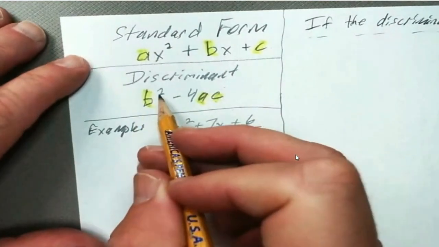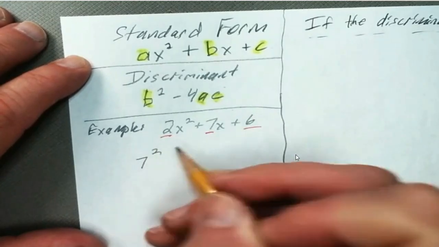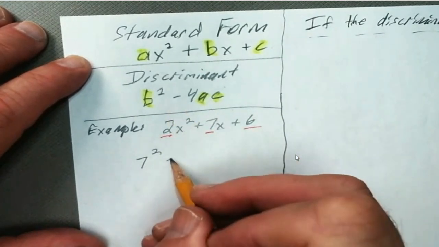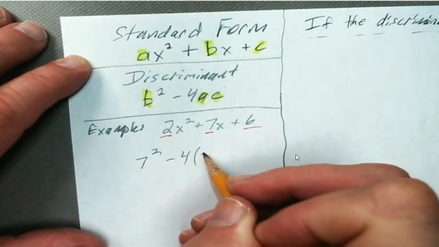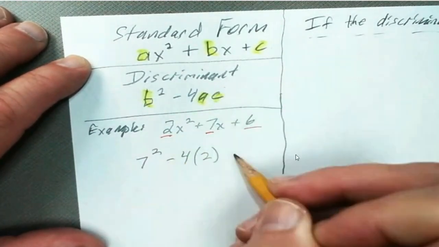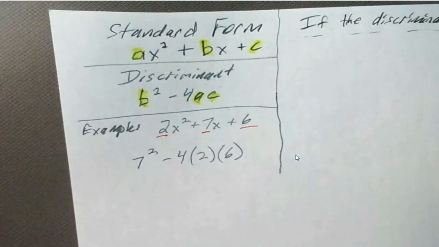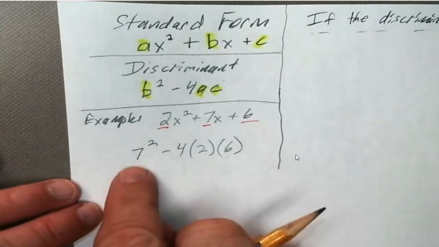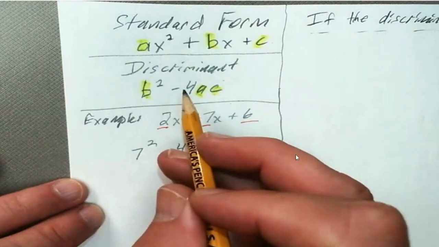So it's B squared, so that's 7 squared, minus 4 times A times C. So calculating the discriminant would be 7 squared minus 4 times 2 times 6, or B squared minus 4 times A times C.